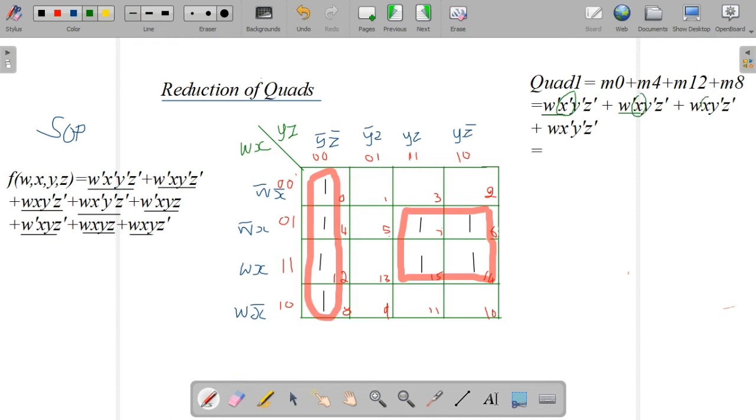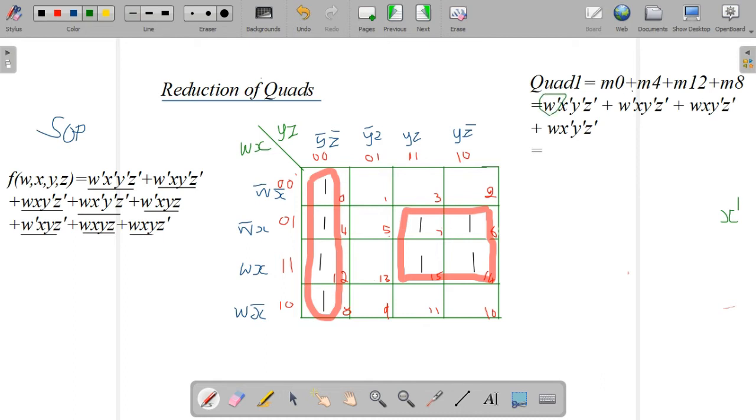Here also X is changing. In this one we can write X dash, and here also another X. So which variable is changing from complement to uncomplement form? X. So we have to remove that X. First we got the removal variable as X.